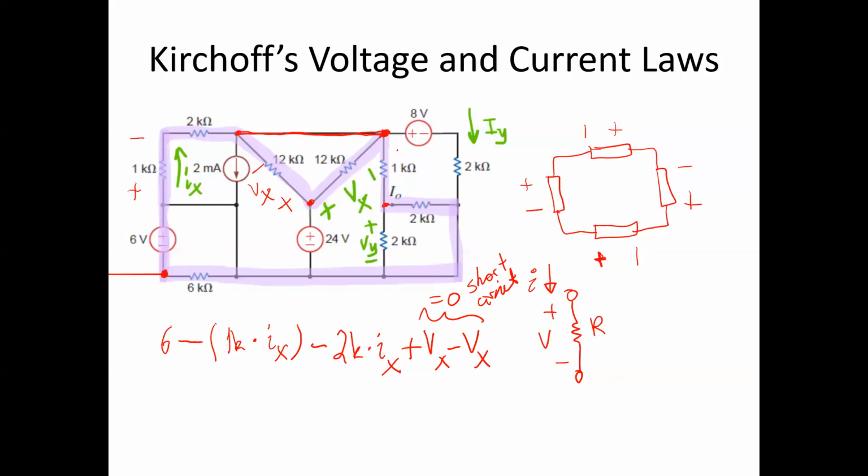If I wanted to write this current, let's give it a new name. Let's call this IZ so that it's different. If I want to write IZ using KCL at the top node, you must remember that you can't just add the 12 k ohm current and the current that's through the 8-volt supply.